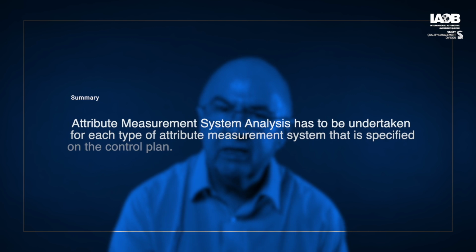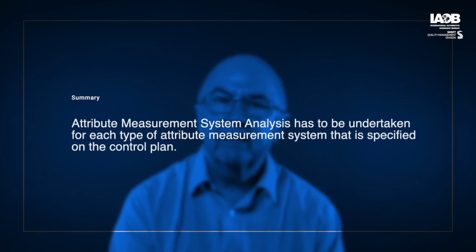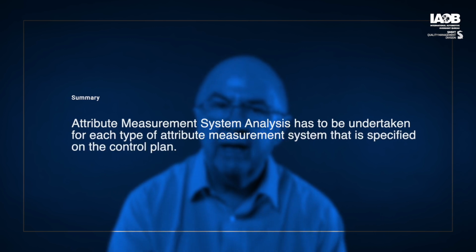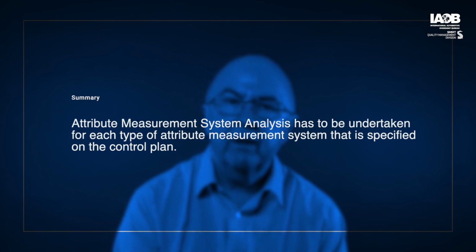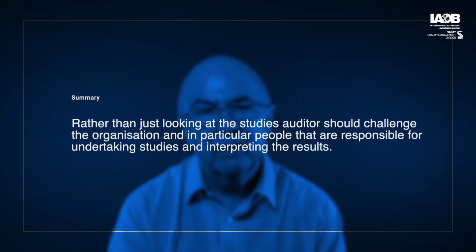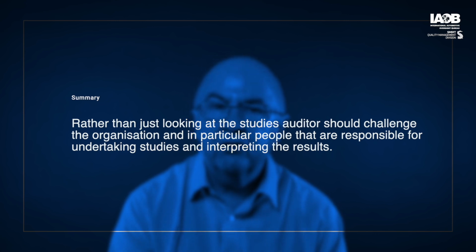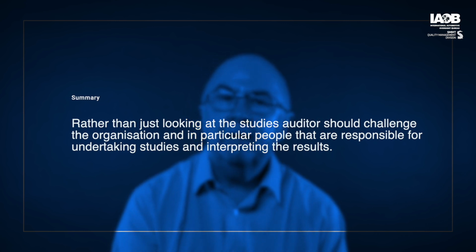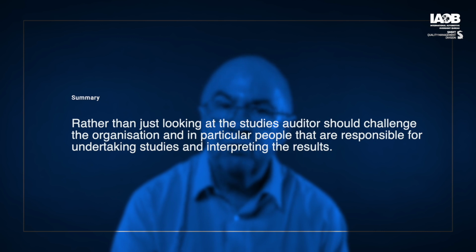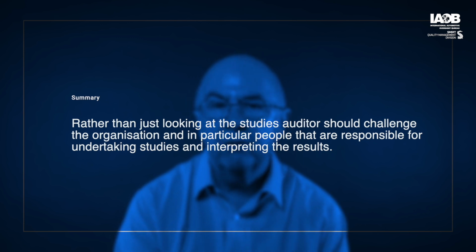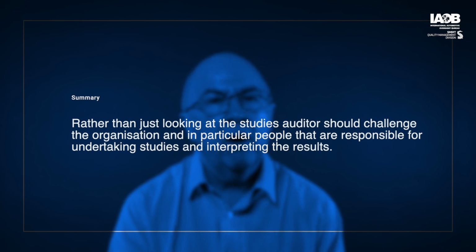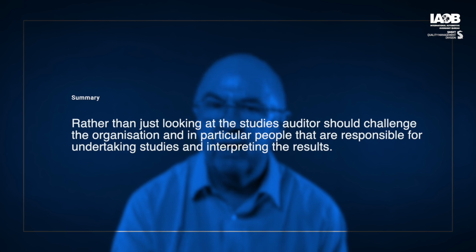Attribute measurement system analysis has to be undertaken for each type of attribute measurement system that is specified on the control plan. Rather than just looking at the studies, auditors should challenge the organization, and in particular people that are responsible for undertaking studies and interpreting the results, to make sure that they've got adequate knowledge of basic statistical concepts.